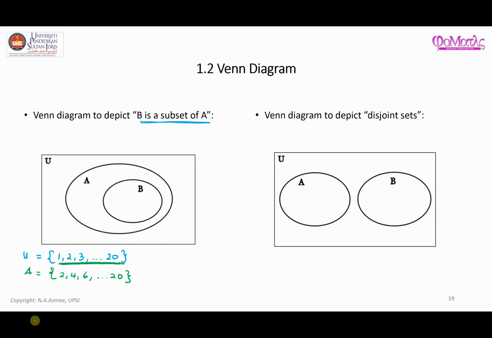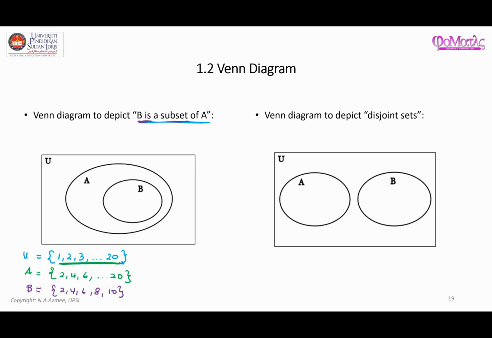And let's say I have another set, which is set B. B here is a subset of A, so we know that all elements in B must be in A. So maybe B is just the even numbers from 1 to 10. So we have 2, 4, 6, 8, and 10.